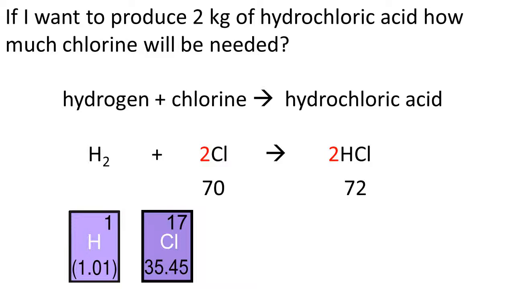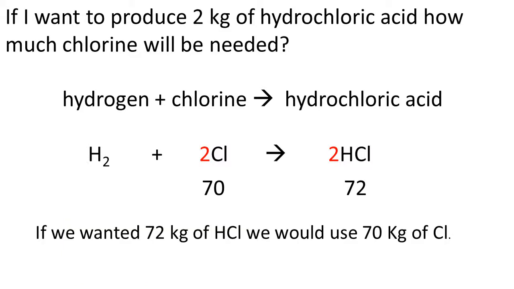In your exam paper it will state whether you round it down or you keep it as 35.4 or 35.5. In this case I've rounded it down to 35, and that gives me relative formula masses of 70 and 72. So what does this tell me? This tells me that if I wanted 72 kilograms of hydrochloric acid, I'd have to use 70 kilograms of chlorine.